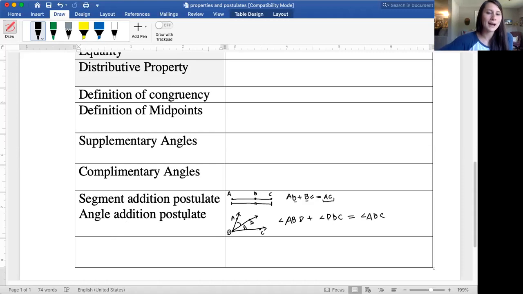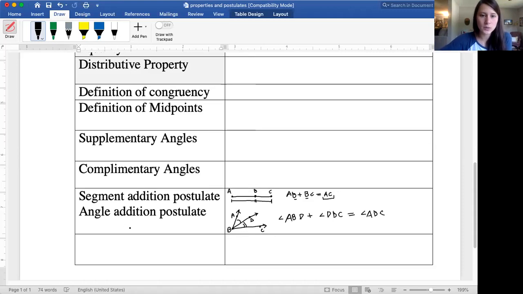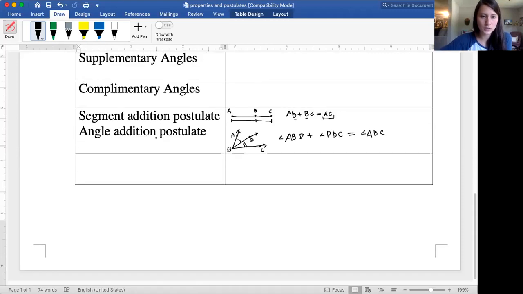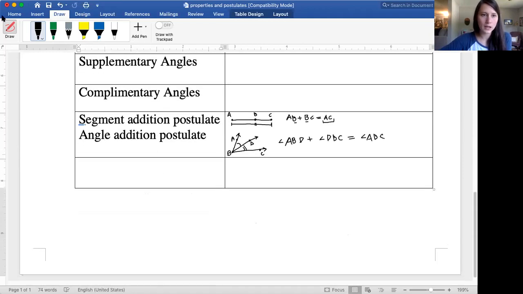So we're gonna add on to this page, and we might have to use the back of it. So maybe on the back you can also make a T-chart similar to what's on the front, and we will add on to it. So we're gonna learn something called theorems, and theorems are like postulates, except theorems aren't as straightforward.